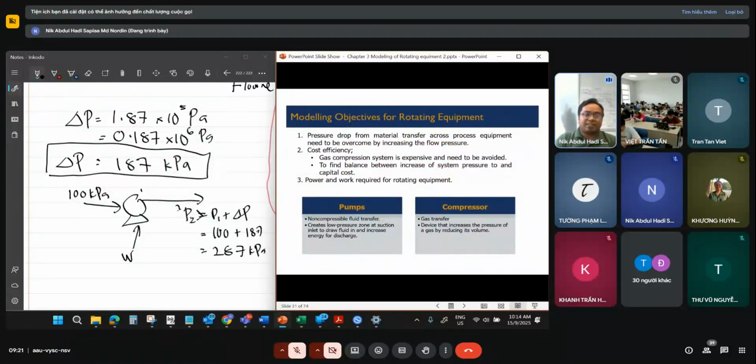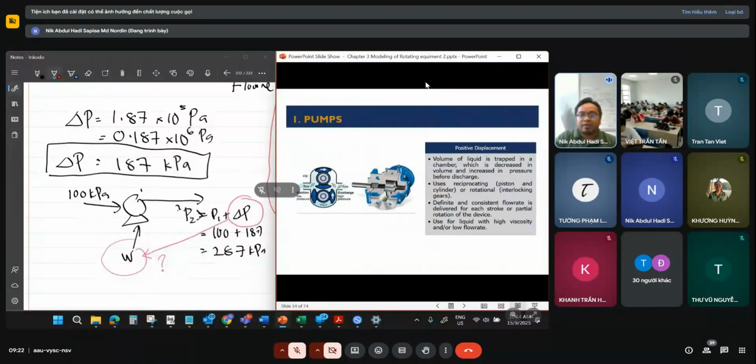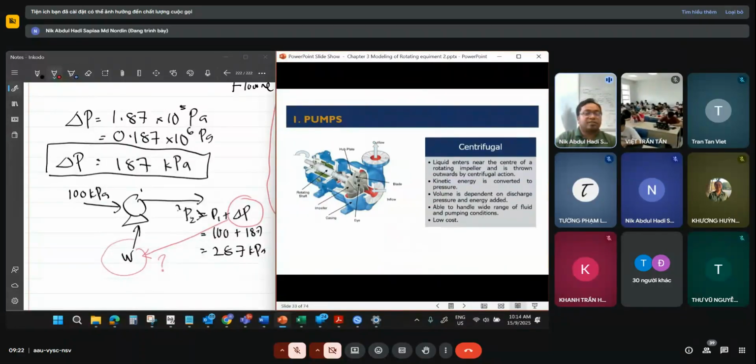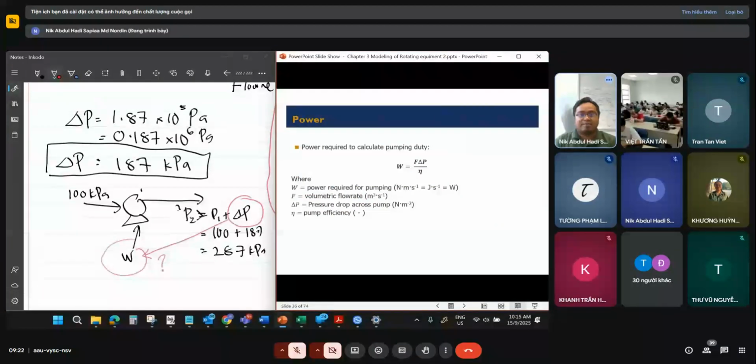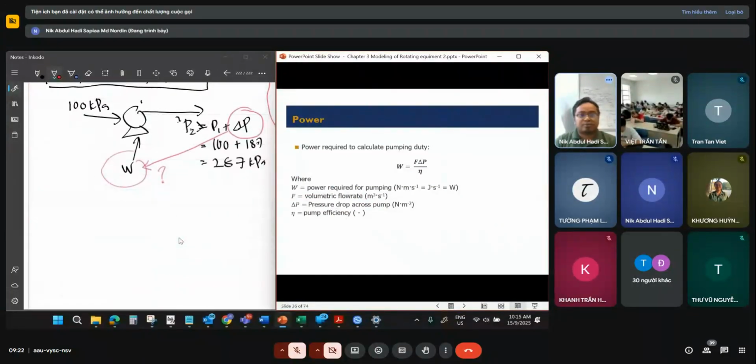Ultimately, now we already managed to identify the pressure drop in our process. Now we need to calculate what is the pump power required for this. The types of pumps, later you can study on your own. Let's focus on how we can calculate the pump power.